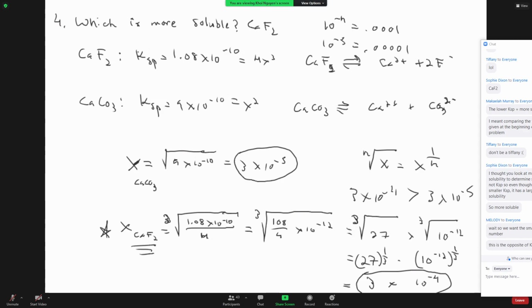So you can't look at the KSPs here and compare them. No, because there's a different number of ions in the molecules. That's why we have to look at molar solubility. Okay, thank you. When they're the same, you can look at the KSPs and compare them. And when they are the same, you want the higher KSP, the one that dissolves more. Higher KSP is going to result in higher molar solubility, if you're doing the same calculations to it.